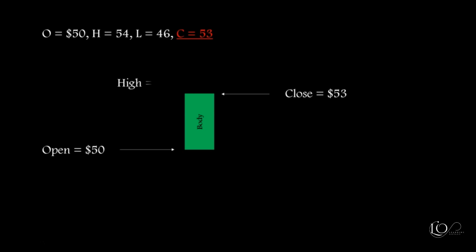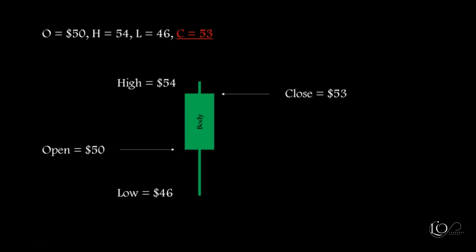And then we can go ahead and place in the high and the low. So the high is 54 and we can draw a line upwards from the body, and for the low we have to draw a line downwards towards the low.